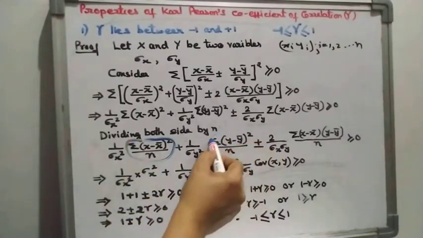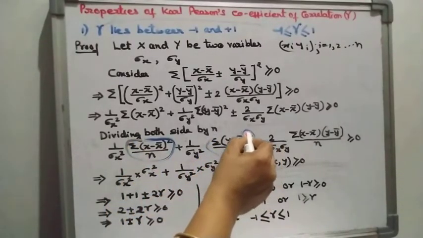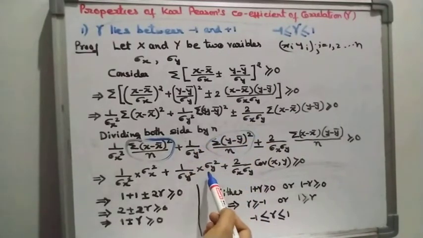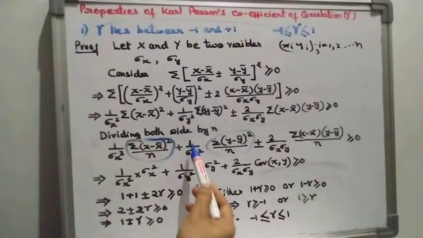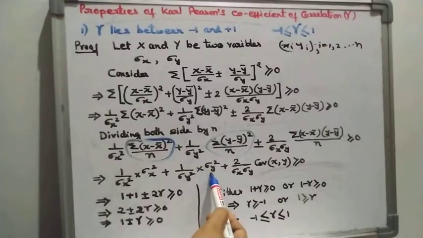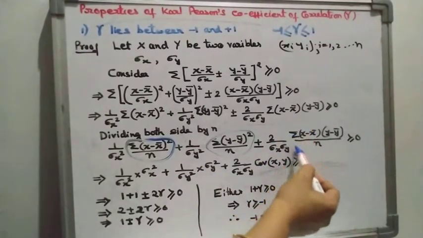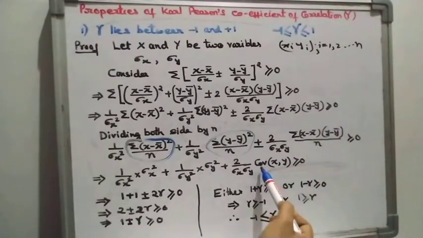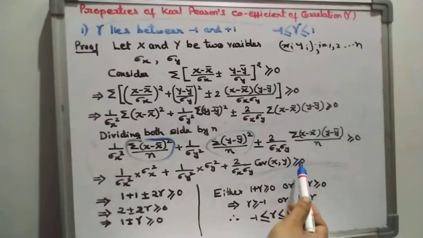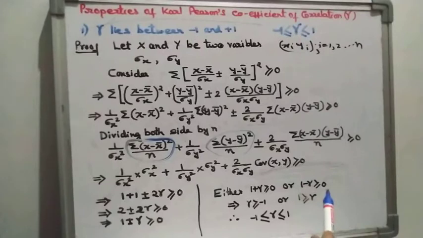Here also, in place of this we can write sigma y square. So we have written 1 by sigma y square into sigma y square. Then this part is the formula of covariance, so we have written covariance of x comma y greater than or equal to 0.